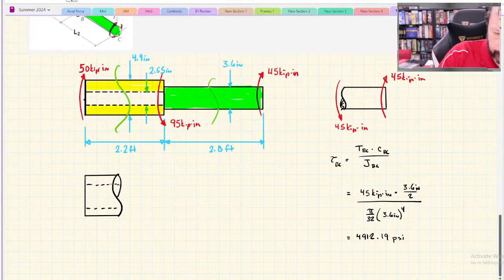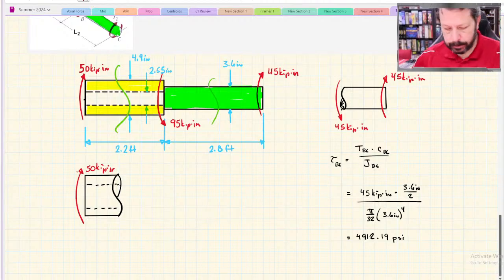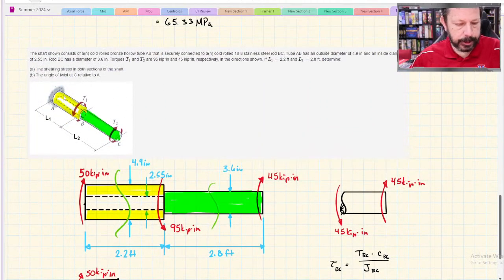We don't have to be super fancy with it. I'm probably drawing too many hidden lines. We have the 50 kip inches. Now this one is not given to us on our diagram. It's just shown that it's connected to the wall over here.